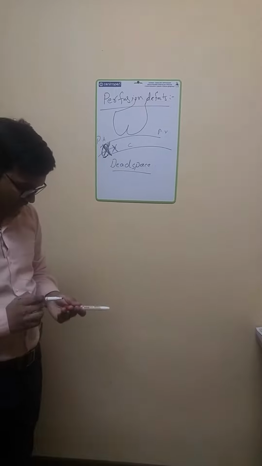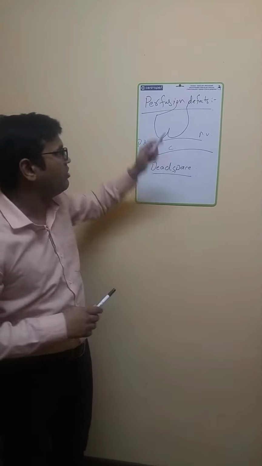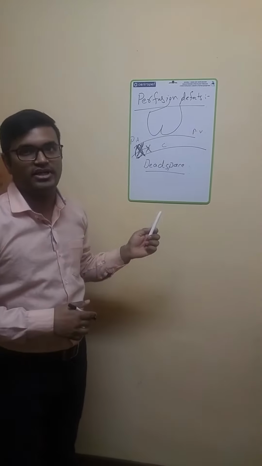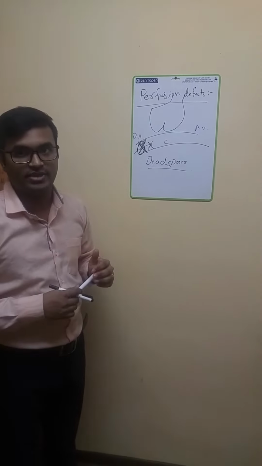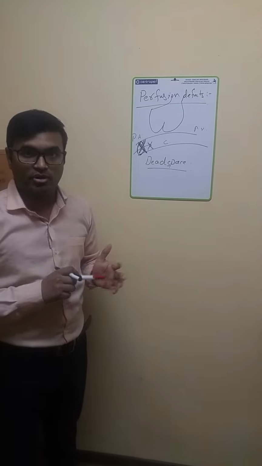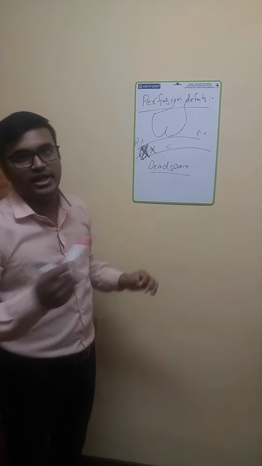Now, friends, there are two types of zones in our body when we talk about the respiratory system: one is the respiratory zone and one is the non-respiratory zone, which is called anatomical dead space, and includes our trachea, our bronchi and terminal bronchi. Why are they called dead space?